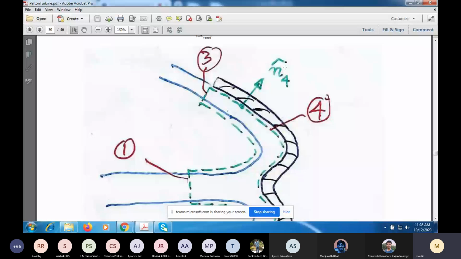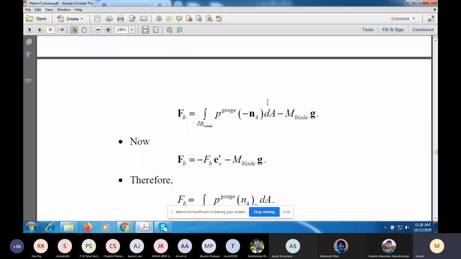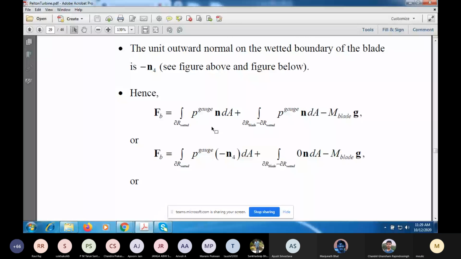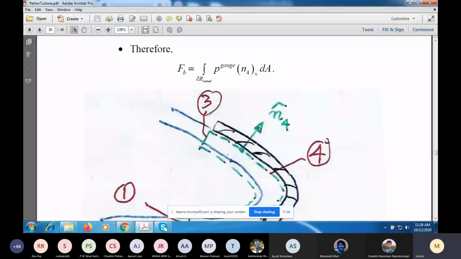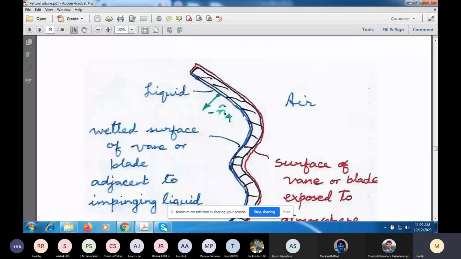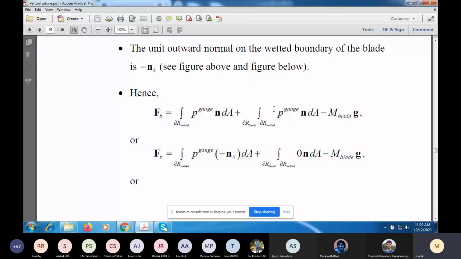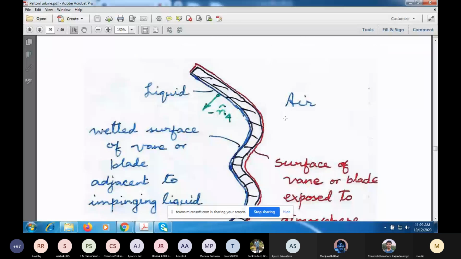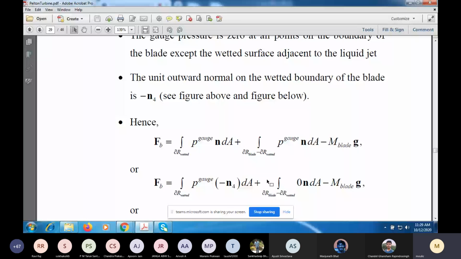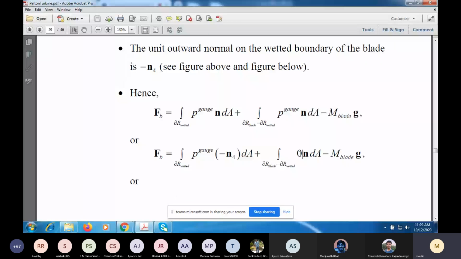So you see that the surface integral, I can split into a surface integral over the wetted surface, that means this blue surface, and an integral over the non-wetted surface, which is del R blade minus del R wetted. This second integral is over the red surface, and on the red surface, the gauge pressure is 0. So this integral will not contribute to the external force.